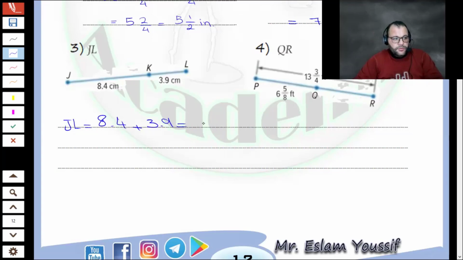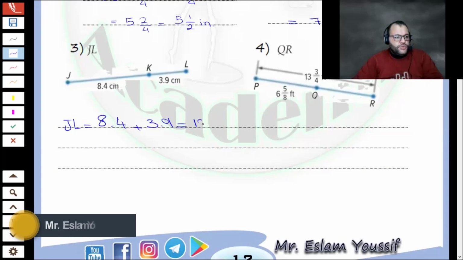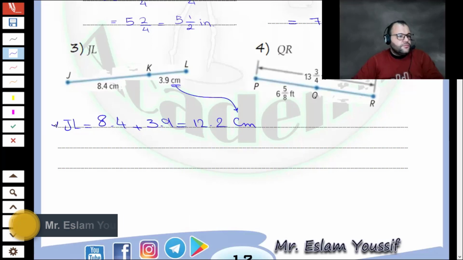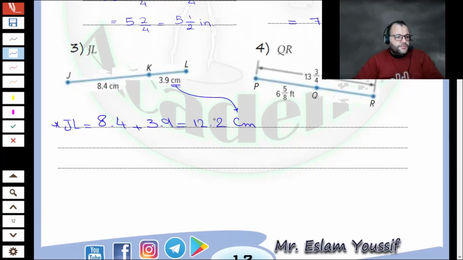Mister, we cannot use the calculator at all. If there is a requirement to use a calculator, I will ask you to use it. But because you have section 3 without using a calculator, I have to solve without using it. So again, please, Zaki? Yes, 12.2. And you have to write 0.3, sorry. Yes, 0.3.